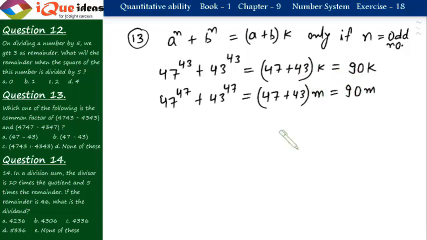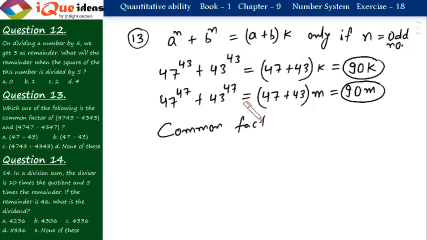So as you can see, 90k is the first number, 90m is the other number. Now what is the common factor between 90k and 90m? Very clearly the common factor is 90. Okay, but you needed to remember this rule, only then you could do this question.